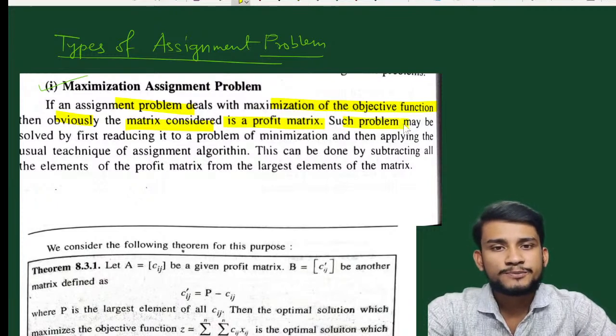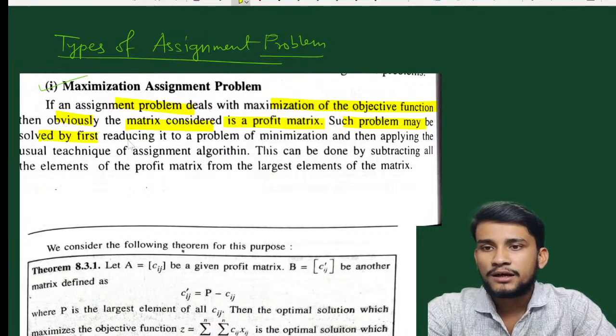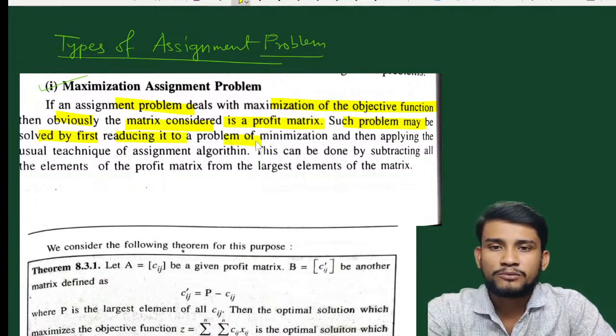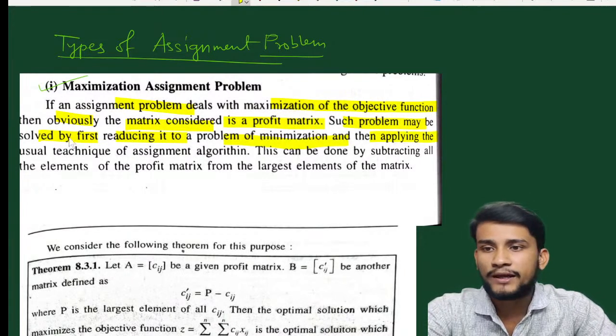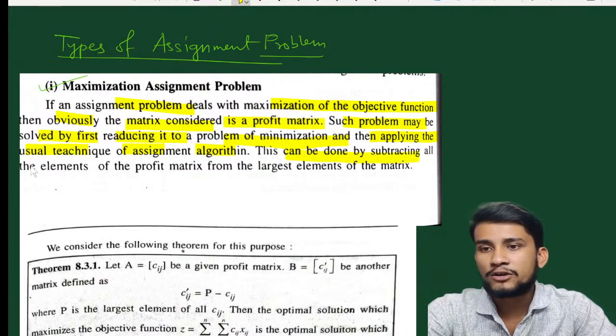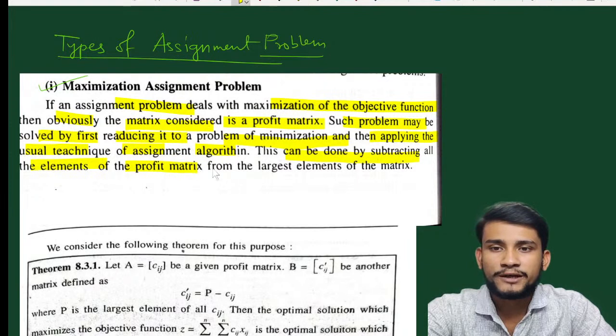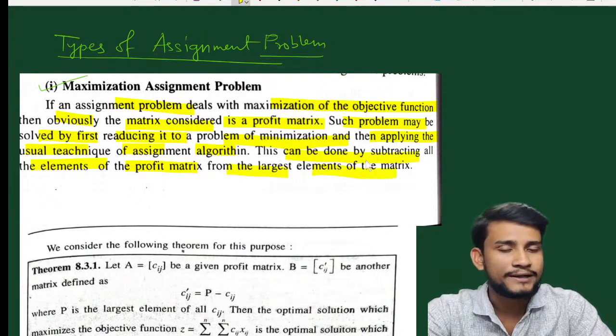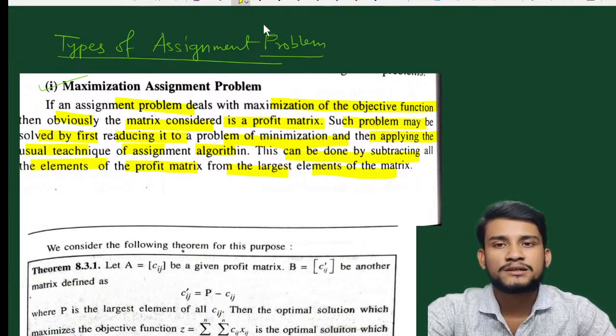Such a problem may be solved by first reducing it to a minimization problem and then applying the usual technique, that is the Hungarian method of assignment algorithm. This can be done by subtracting all the elements of the profit matrix from the largest element of the matrix. So this is the maximization assignment.